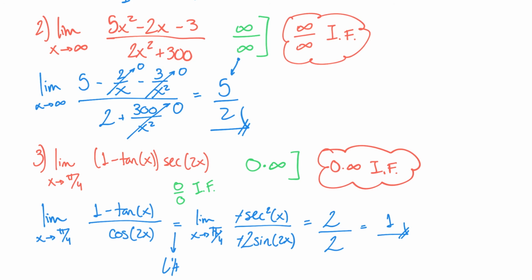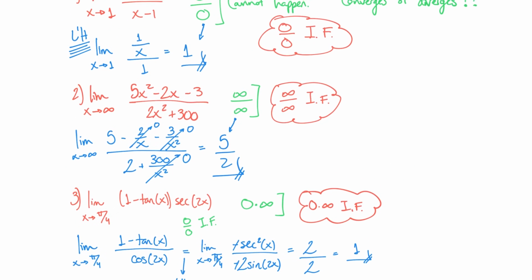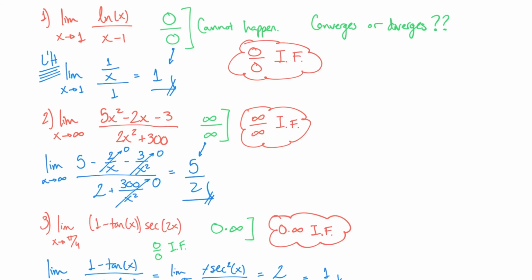So to sum everything up, indeterminate forms are basically what we get if we try to solve a limit by plugging in the value that the x is approaching, and we get a solution that doesn't make sense. We have 0 over 0, infinity over infinity, 0 times infinity.